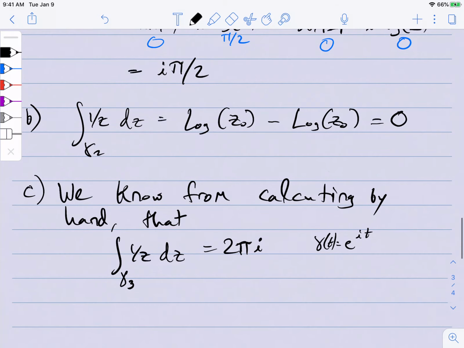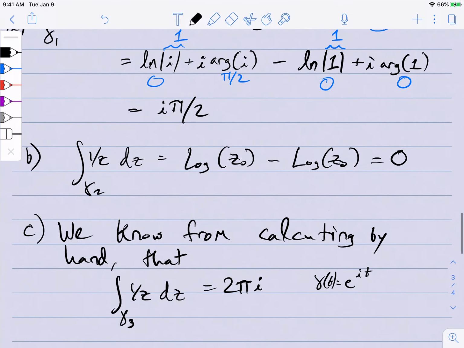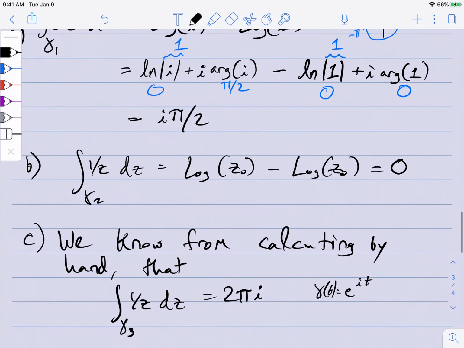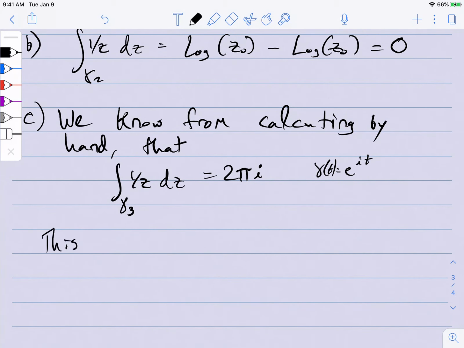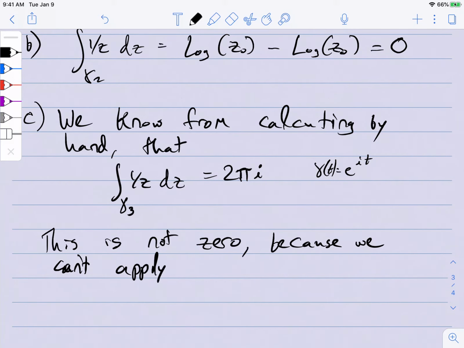And you might wonder, why are we not getting 0 as we did with the circle gamma 2? This is not 0. Because actually, we can't apply the fundamental theorem of calculus for complex functions.